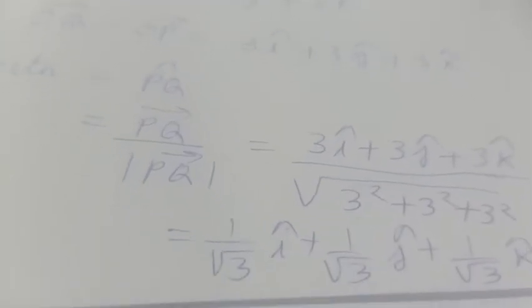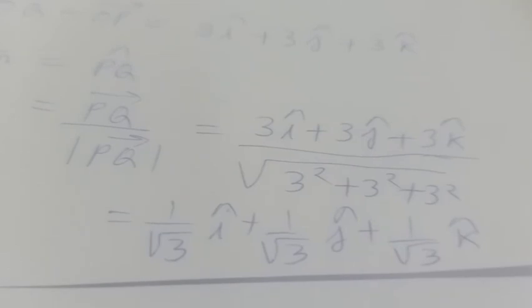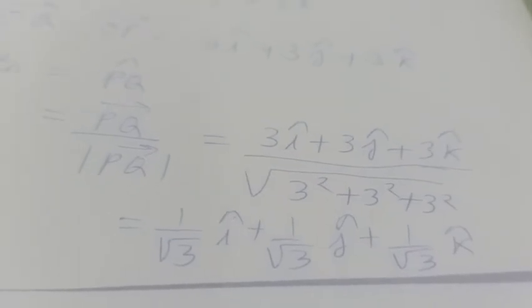Then vector PQ will be vector OQ minus vector OP, as we have proved earlier, and if we put the values and solve it, we will get 3i plus 3j plus 3k. Now the required vector is PQ cap, that is vector PQ upon mod PQ, and we will put the value of vector PQ and modulus of PQ. We will get 1 by root 3 i plus 1 by root 3 j plus 1 by root 3 k cap.